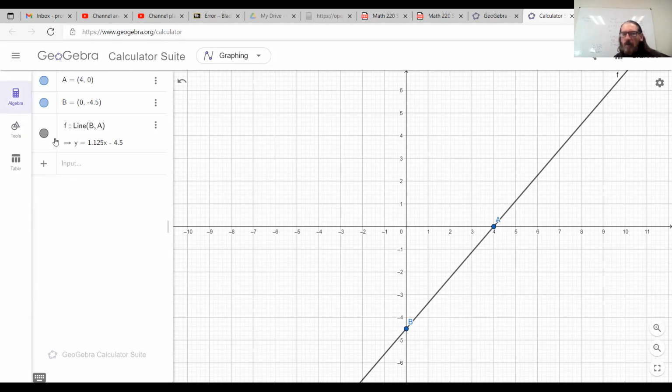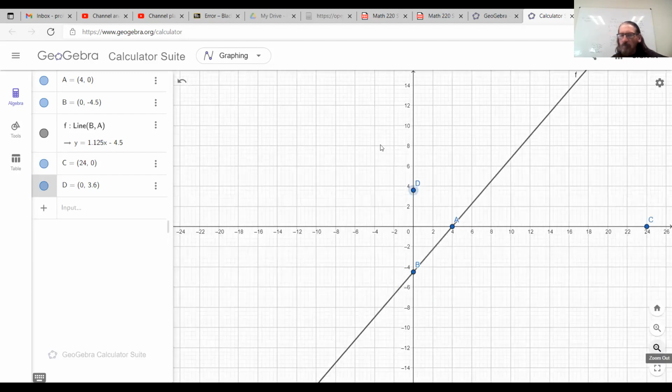All right. And then I'll plot 24, 0 and 0, 3.6. Now that 24, 0, that's hard to see. So I'm zooming out. There it is.